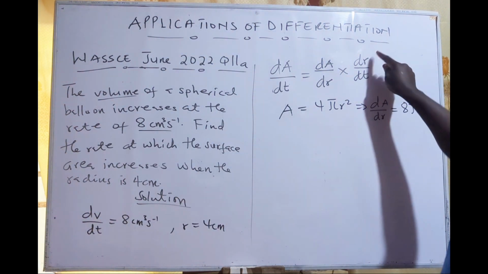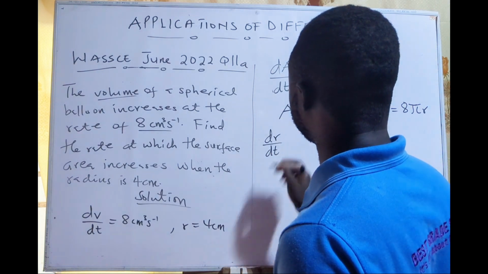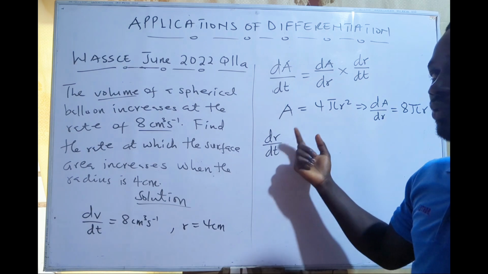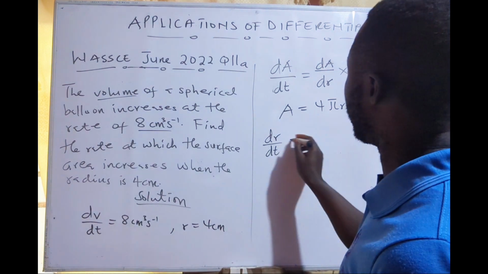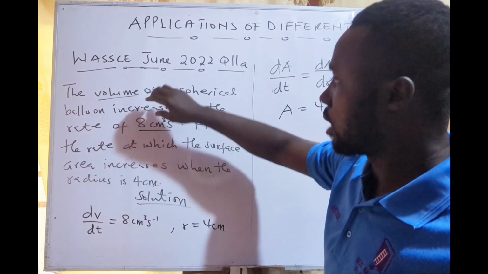So we have gotten our dA/dr, the area with respect to the radius. We have put it down. Then we now come to find dr/dt. You see, we were not given the radius with respect to time, but we can find it from the volume. That's why the volume is given.